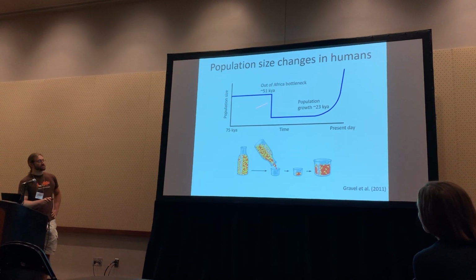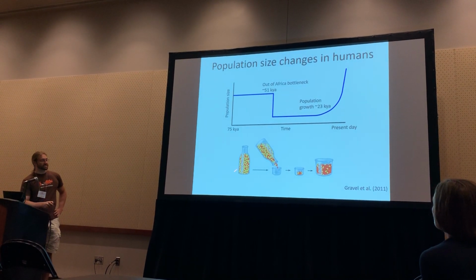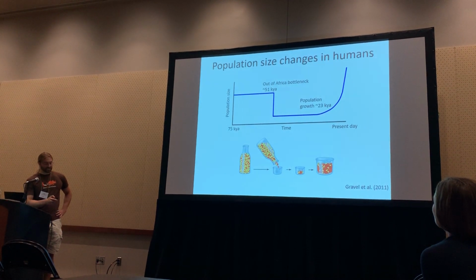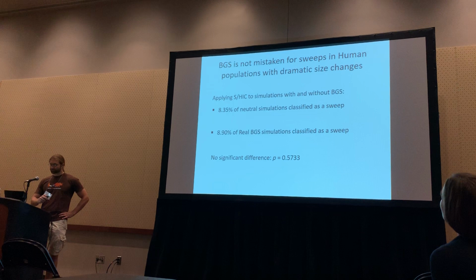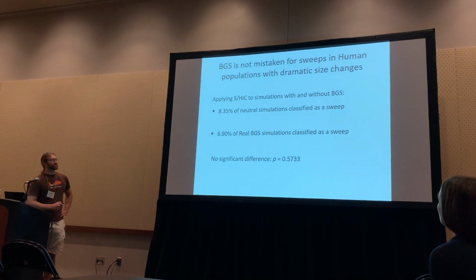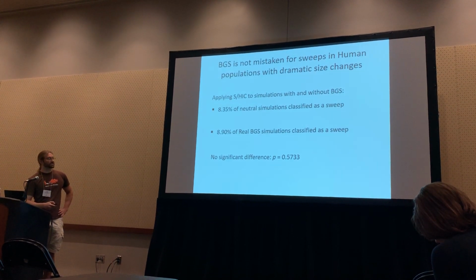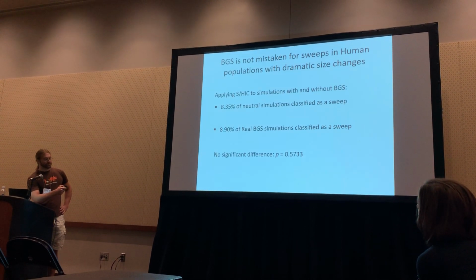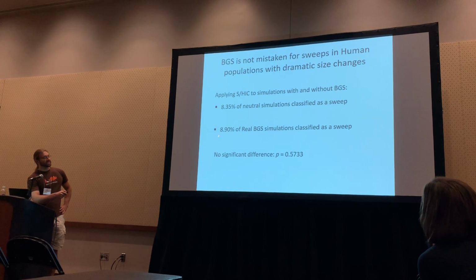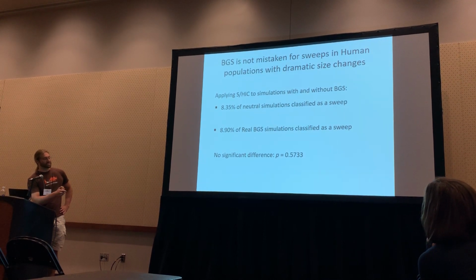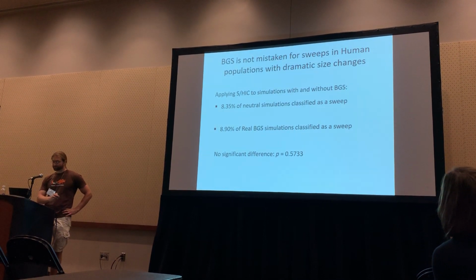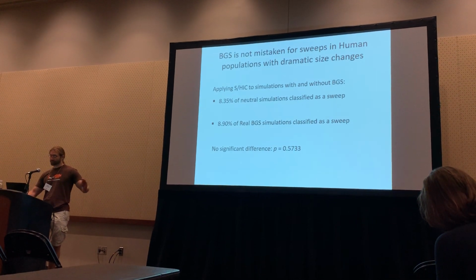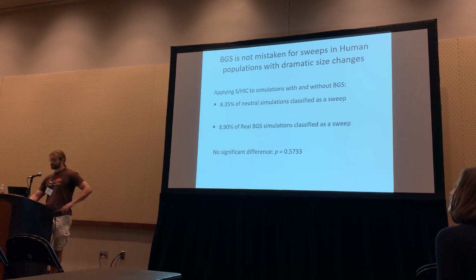There have been bottlenecks, especially in out-of-Africa populations, and these can produce patterns that are somewhat reminiscent of a sweep, where you get rapid changes in allele frequencies. So we repeat this under a European demographic model, and we get a slightly higher false positive rate, which is not surprising, but it's not any higher for our BGS than our neutral scenario. Okay, so in humans, it's looking like we don't have a real problem with discriminating between BGS and hitchhiking.